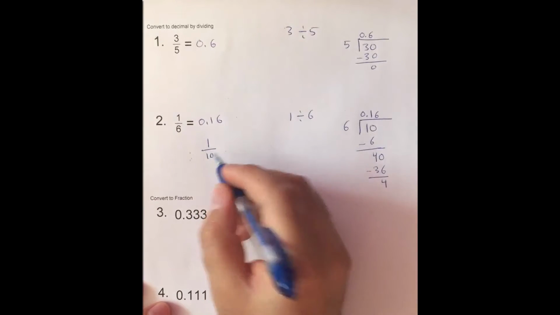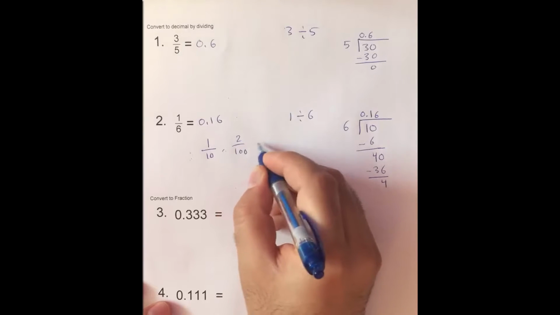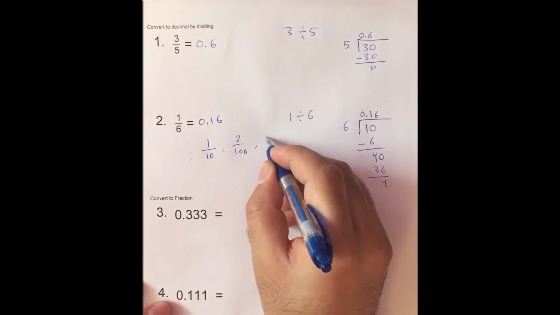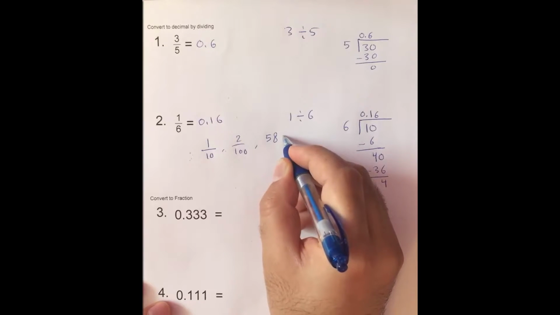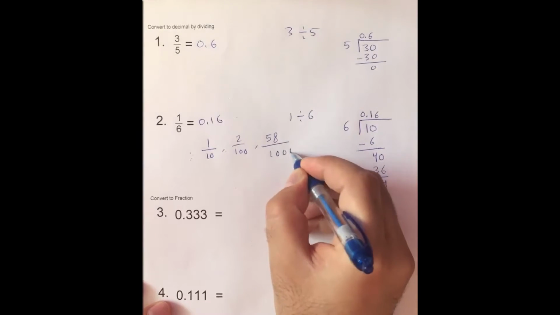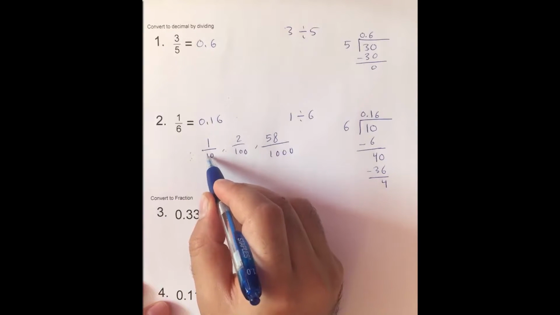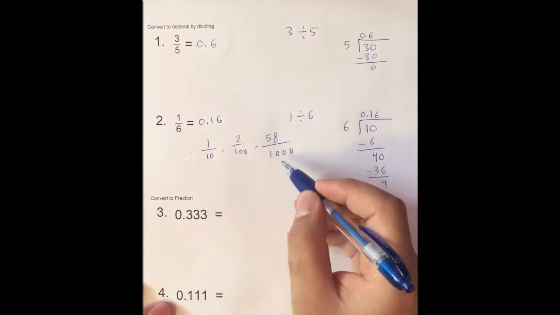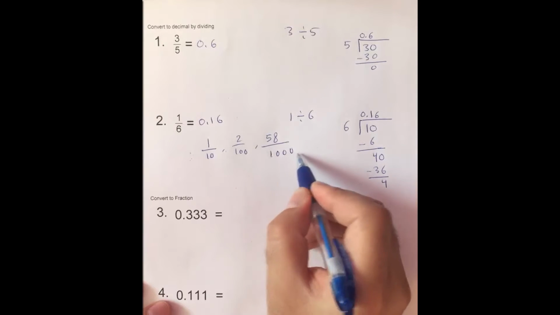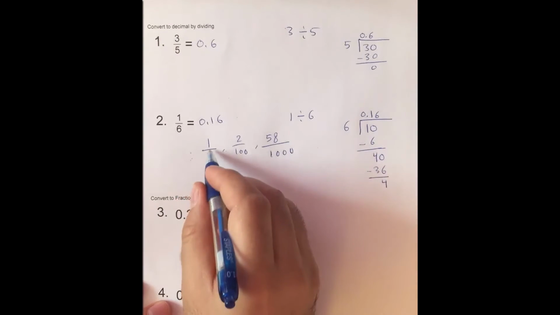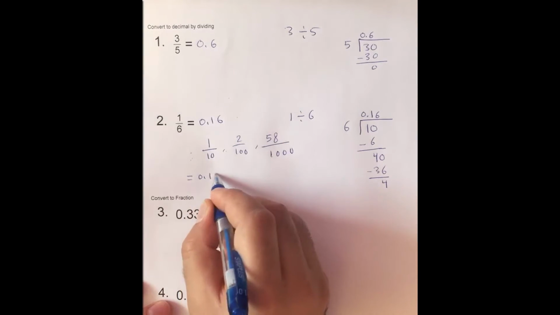But sometimes you get a fraction like, let's say, 1 over 10, 2 over 100, or maybe any number over 1000, these are easy. When you have a 10, 100, 1000, 10,000, 1 million, whatever, as long as it's 1 and zeros, your answer for 1 over 10 will be 0.1.